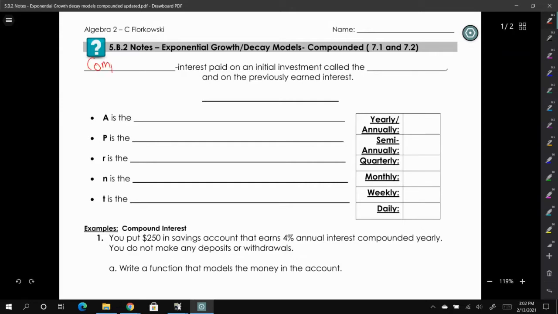Compound interest is paid on an initial investment called the principal, and the formula we use for that is A equals P, and then parentheses 1 plus R over N, raised to the N times T power.